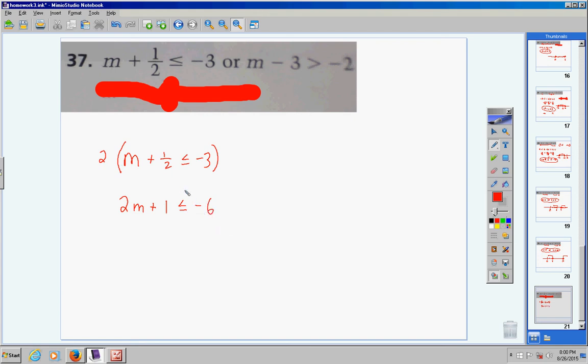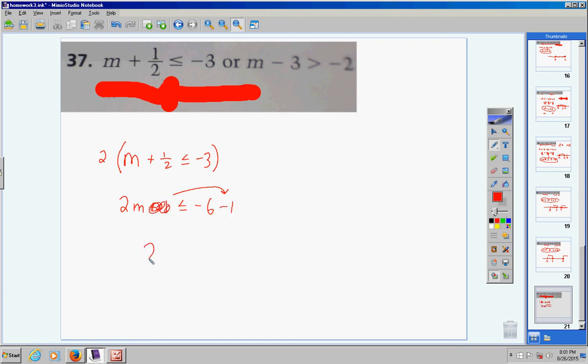Okay? Now, a lot of you probably just moved the 1/2 over, made it a negative 1/2, and you were finished. And that is totally awesome. No problem with that for me. I like to get rid of fractions. Now, next, I'm going to get my variable terms on one side and my constant terms on the other. So I'm going to bring the negative 1 over here.